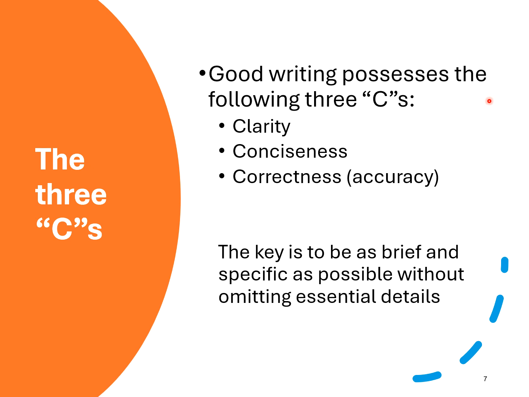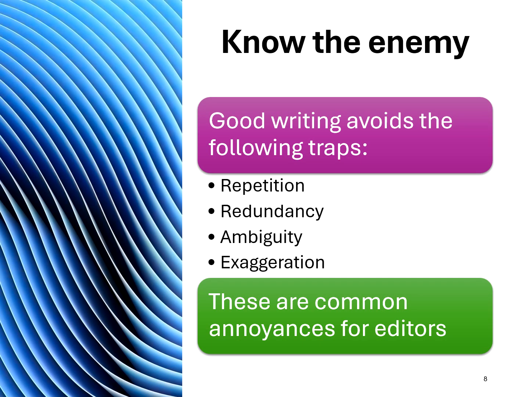Good writing possesses the following three C's: clarity, conciseness, and correctness, that is accuracy. The key is to be as brief and as specific as possible without omitting essential details. So we have to give essential details, but we have to be very brief and specific. Know the enemy. Good writing avoids the following traps: repetition, redundancy, ambiguity, and exaggeration.